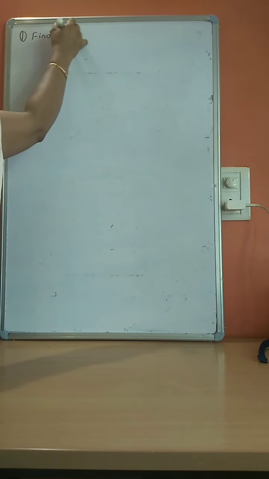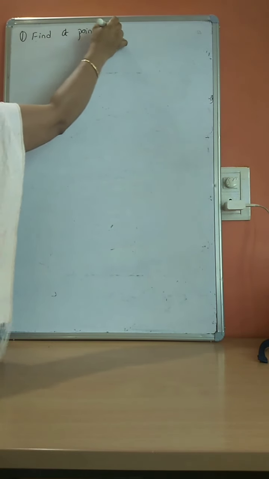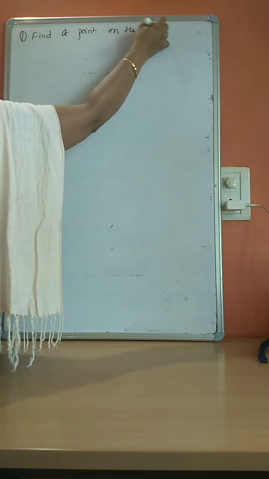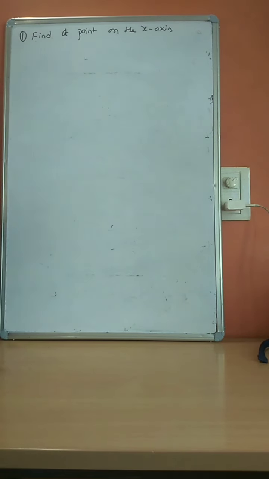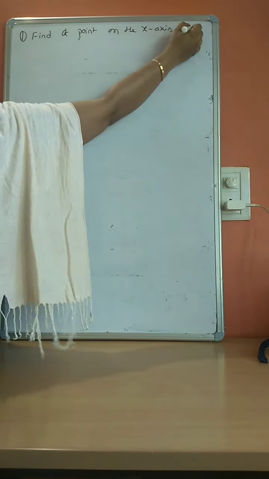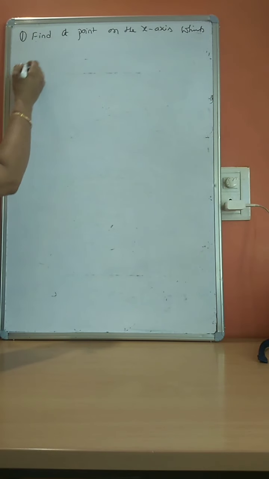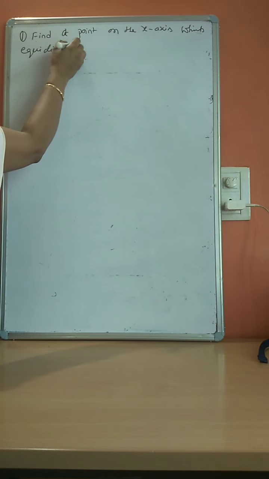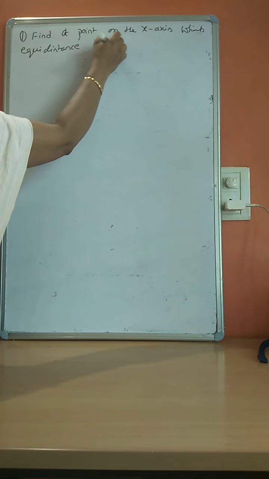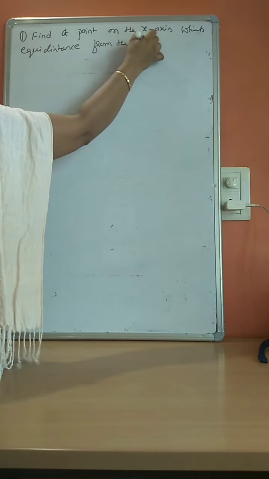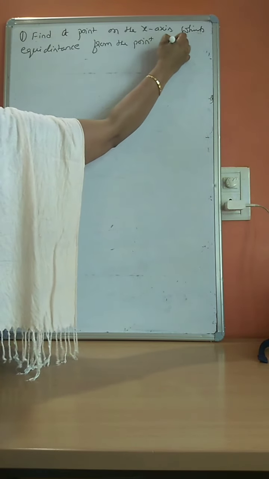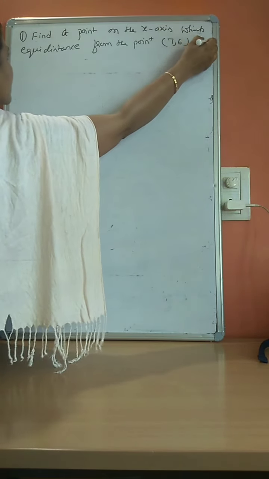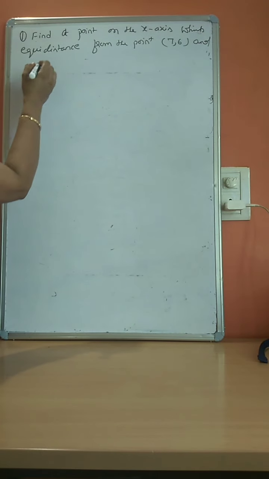Find a point on the x-axis which is equidistant from the points 7, 6 and 3, 4.